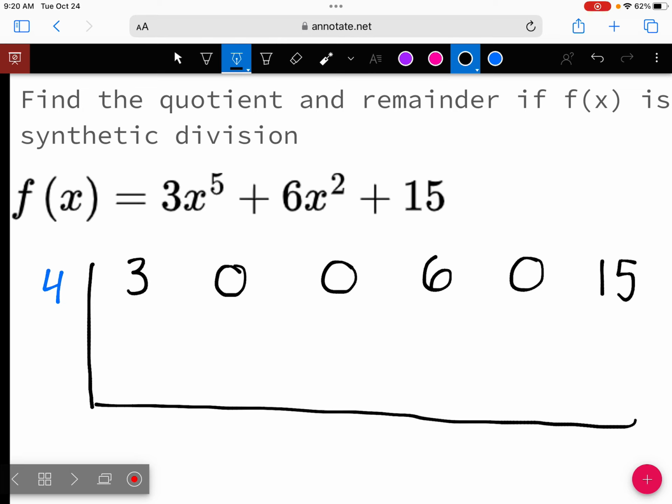Watch the exponents. You don't get to skip them because they're not there. I have 0x to the 4th, 0x cubed, and 0 x's. So be super duper careful. It's really important that you get all your coefficients there.